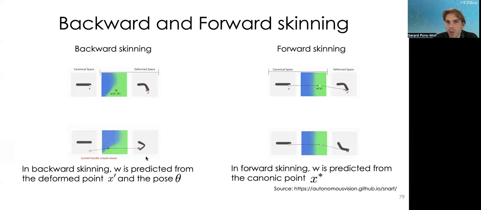Instead, in the simple model, when we have forward skinning, that's not a problem. We start with a point and we deform it. The skinning weights in forward skinning would be constant, provided that I know the corresponding canonic point x prime. So in forward skinning, this is not varying with pose crazily like here.